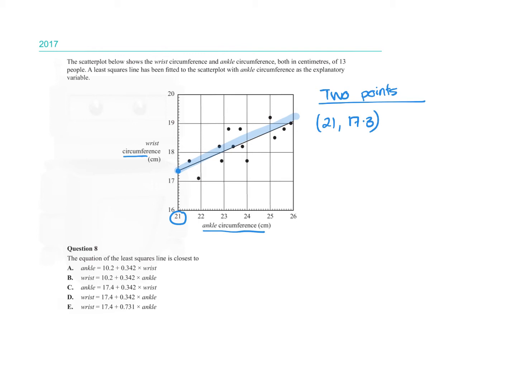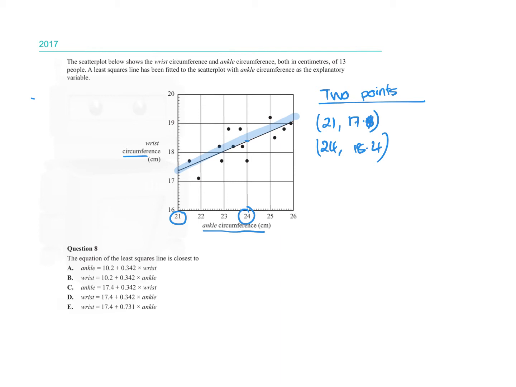Maybe the one that it nicely goes through. I might go through this one and up here. You can just get your ruler and read off it. It's 18.4. So when I had 24 and 18.4, sorry, we're going to change this one to 17.4.